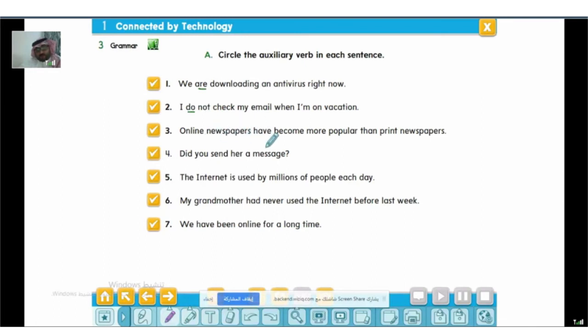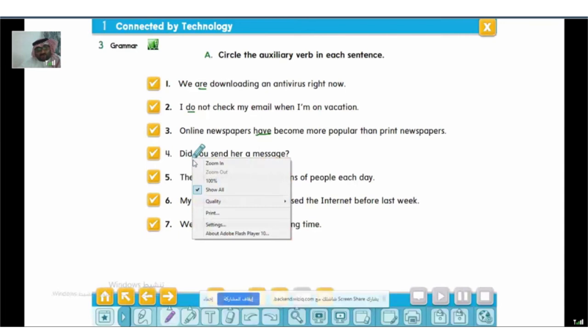Online newspapers have become more popular than print newspapers. Where is the auxiliary verb? The auxiliary verb is have. Sentence number 4. Did you send her a message? Where is the auxiliary? The auxiliary is did.